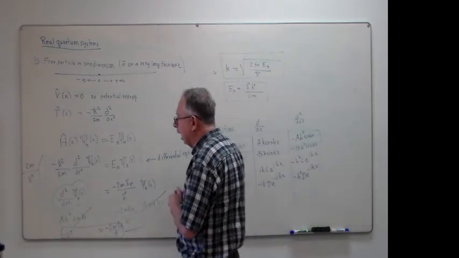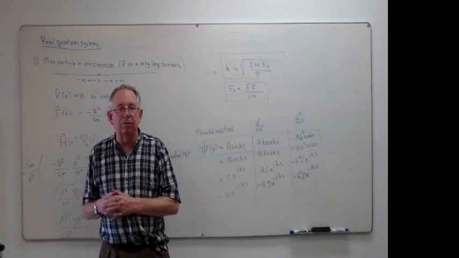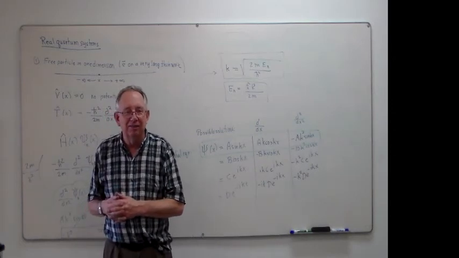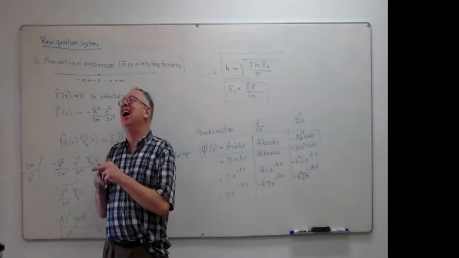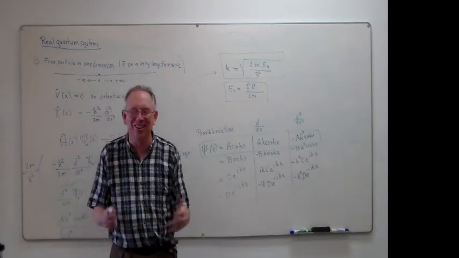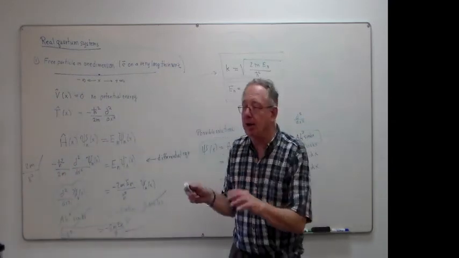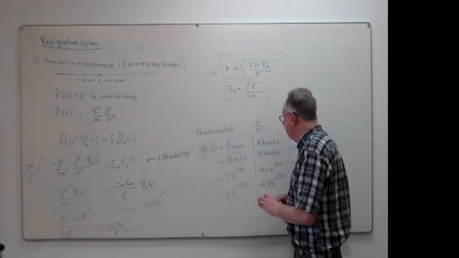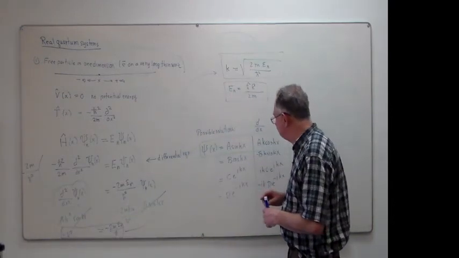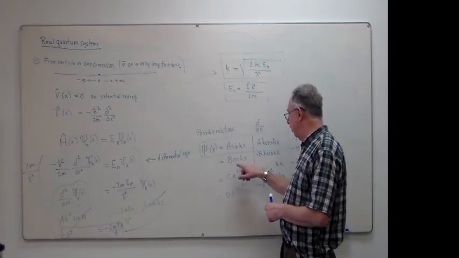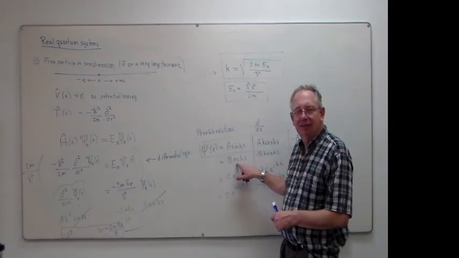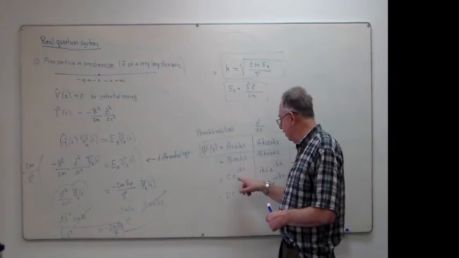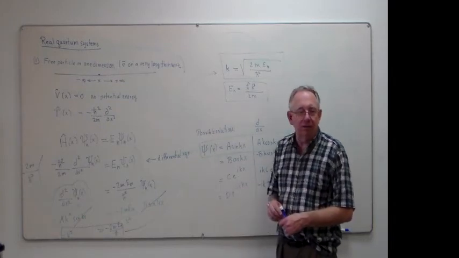Now, let's give you a little homework before you put that away. Everyone's quitting. That's wonderful. Trust me, I'm ready to quit too. Now, I want you to prove that the cosine works, and that the e to the i works.